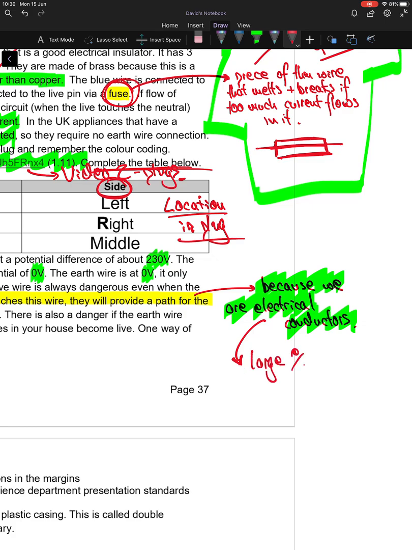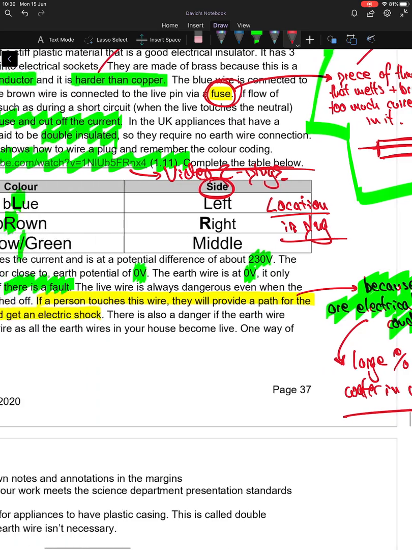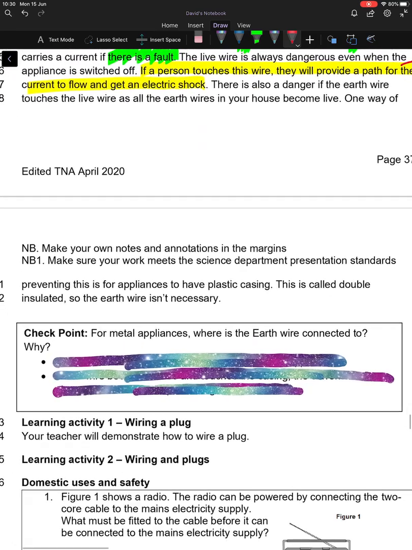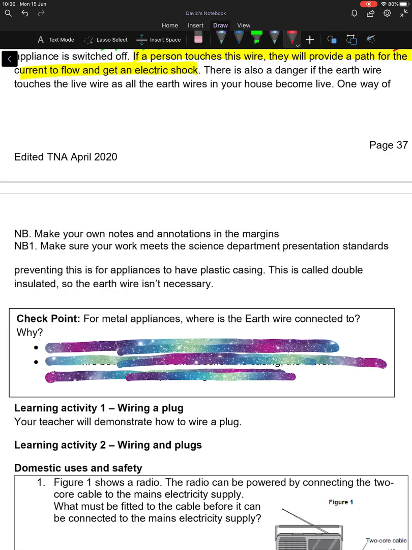That's partly to do with the large proportion of water in your body, because that also conducts electricity. That's partly why humans are really good at conducting electricity, so don't touch an electric fence.